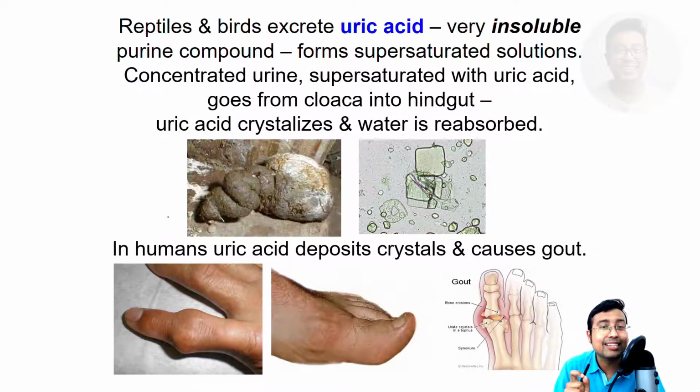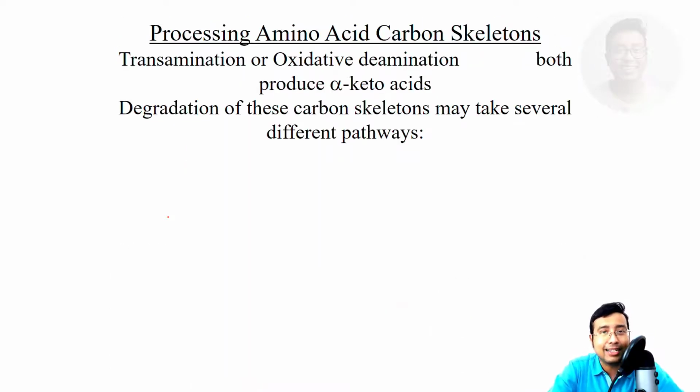Rather, excess uric acid in human beings is a big problem. Excess uric acid crystals will be deposited in joints and lead to formation of a painful inflammatory disorder that is known as gout. So we shouldn't have excess uric acid in our system. Rather, if we see uric acid is going up, we should modify our diet by which uric acid comes down.